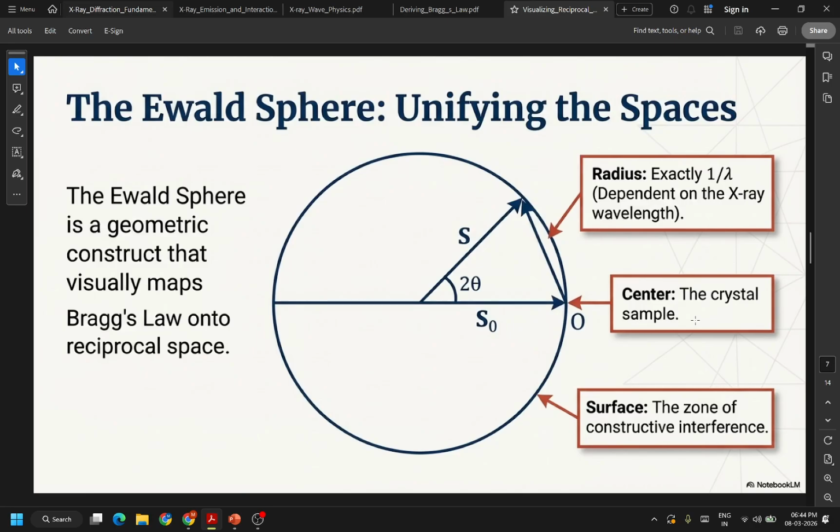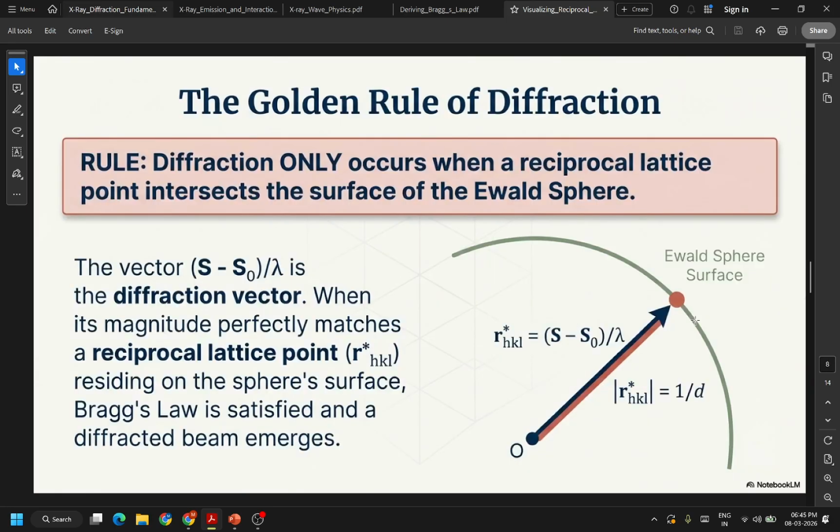The surface of the Ewald sphere is the zone of constructive interference. So the region where this Ewald sphere intersects with the scattering cones is where constructive interference will occur.